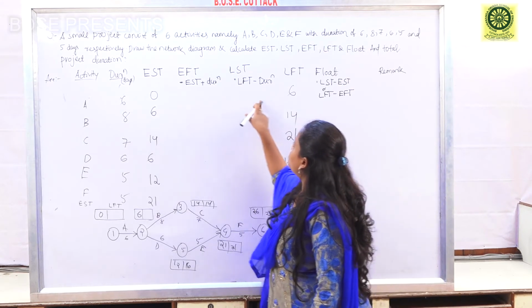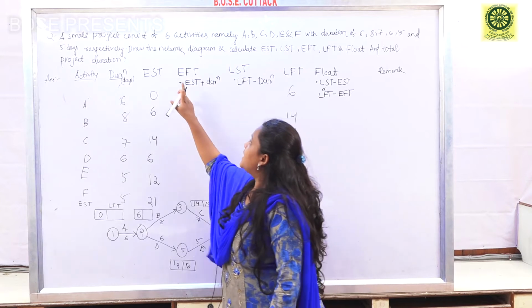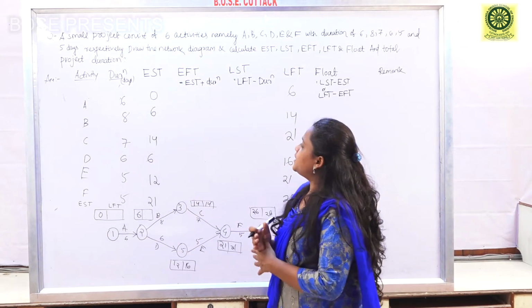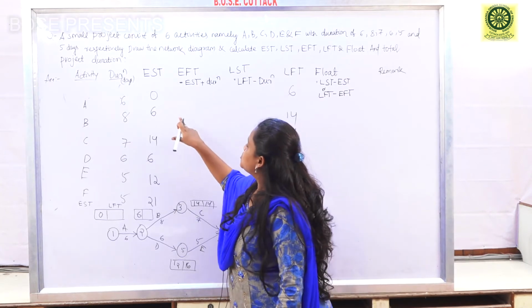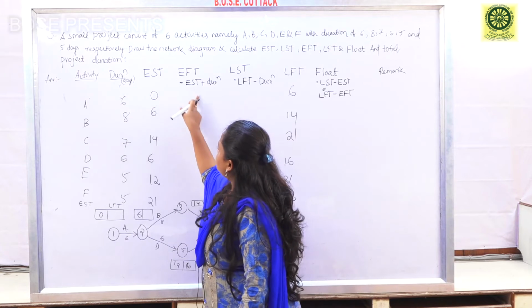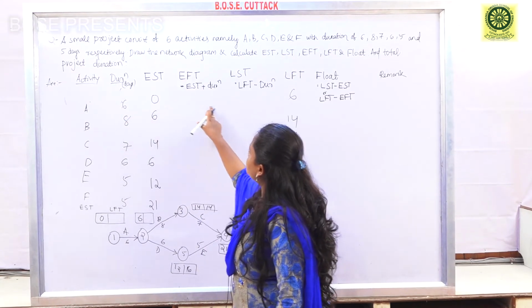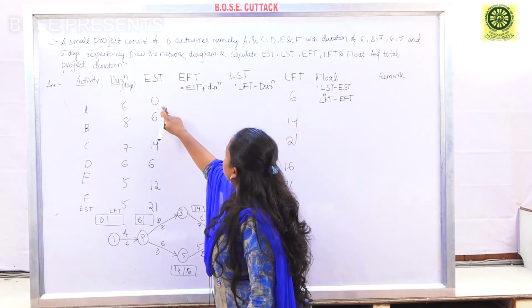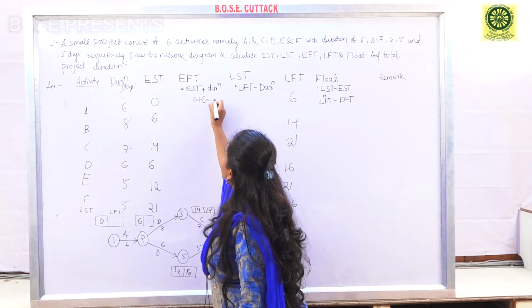Then these are the formulas for EFT and LST. EFT is the earliest finish time, which can be calculated by EST plus the duration of the activity. So EFT for activity A will be 0 plus the duration of that activity 6, that is 6.